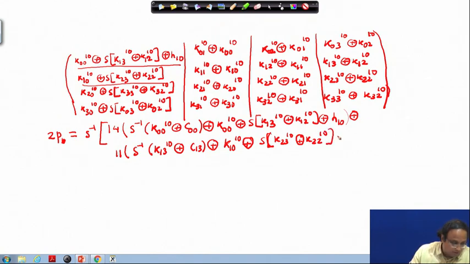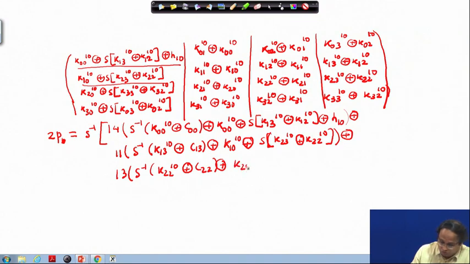Then similarly 13 times S inverse of K22 10 XORed with C22 XORed with K20 10 XORed with S of K33 10 XORed with K32 10.